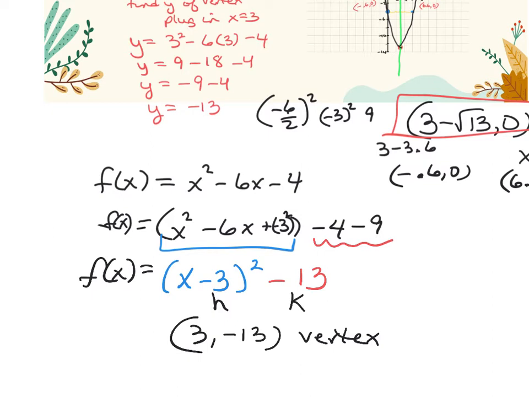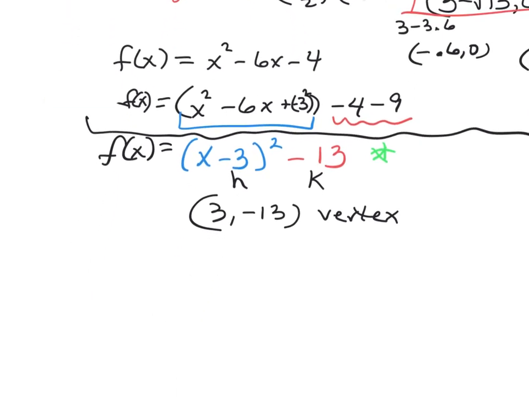Now, as far as finding your y-intercept, when it's in this form, it's harder. You have to plug in the 0. So if you were given your equation like this one, remember to find your y-intercept, you set x equal to 0, and to find your x-intercept, we set y equal to 0.